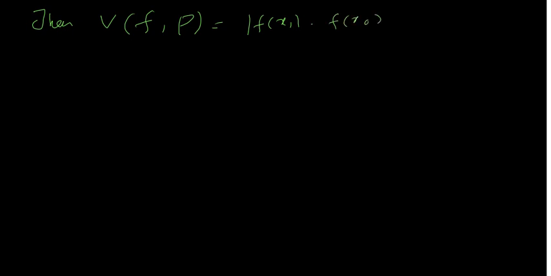Then the variation of f with respect to this partition is obviously the summation. It's first mod of f of x1 minus f of x0. Here we have 4 points only.